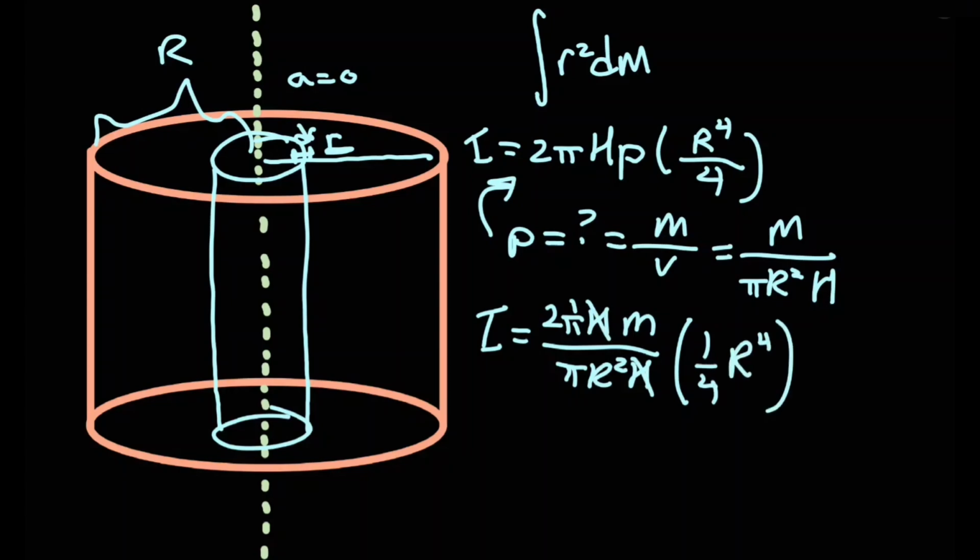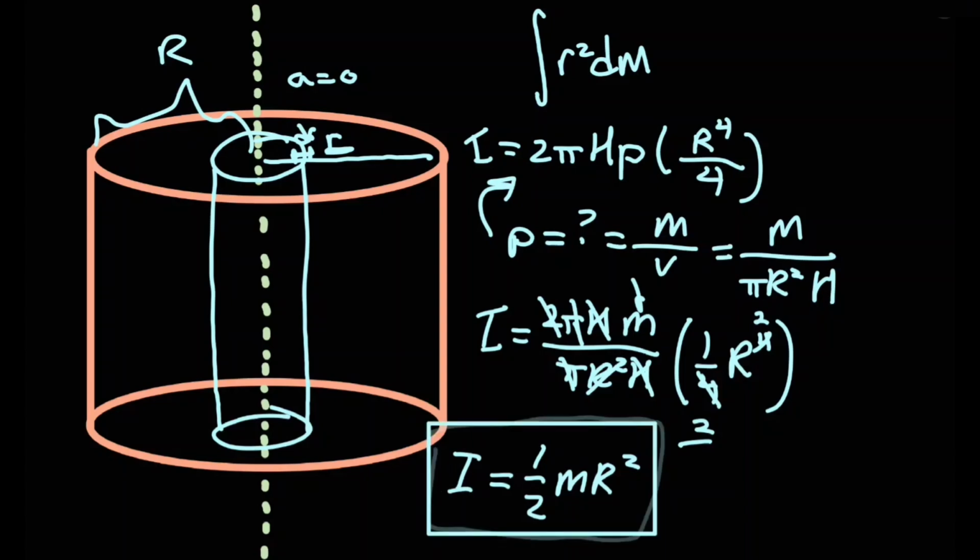The h's go first, the pi goes, the 2 and the 4 bring us a half on the bottom, and the R squared brings us to an R squared on top. So that gives us our final answer of 1/2 m R squared. So the I, or rotational inertia of a cylinder, is 1/2 m R squared. And that is our answer.